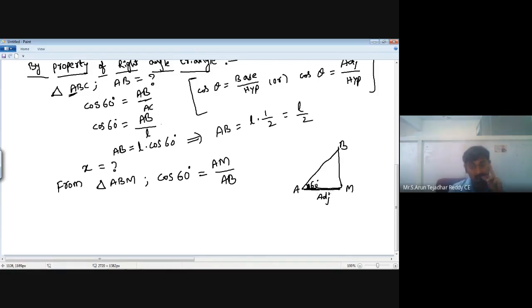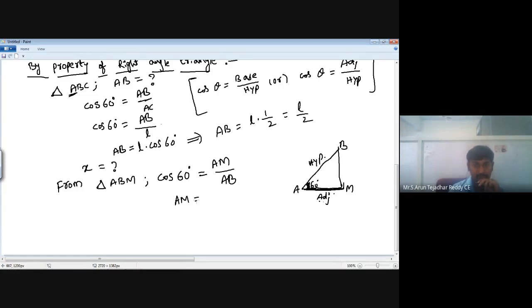But once you observe the previous triangle ABC, we have taken AB as the adjacent. But here, due to the right angle triangle, if your angle is there, then AM is the adjacent and AB is the hypotenuse, and cos 60 degree is equal to adjacent by hypotenuse. Here adjacent is AM by AB.